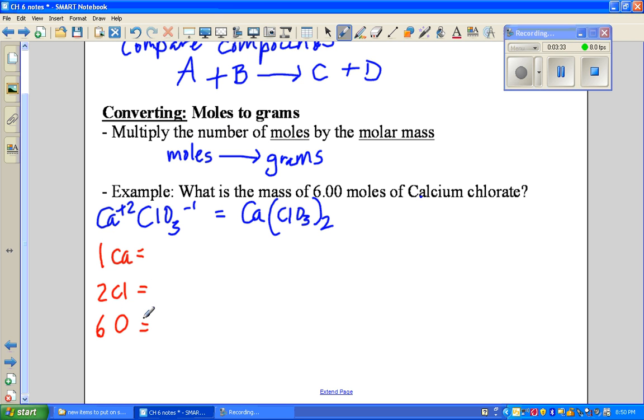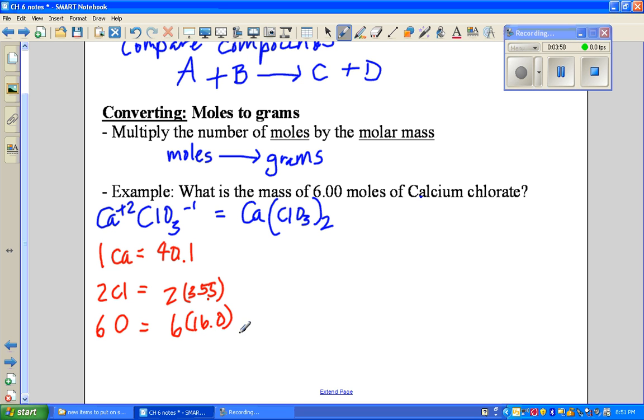I'm grabbing my lovely periodic chart, one of the gifts that Miss Benson has given you, and I'm rounding each one of these masses to the tenth place. So calcium is 40.1, chlorine is 2 times 35.5, and we know oxygen by now is 6 times 16.